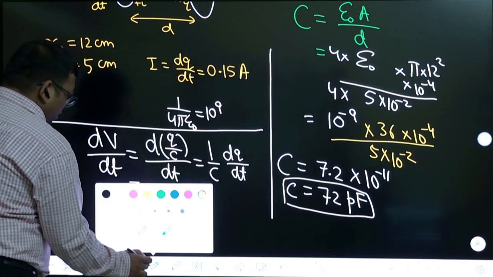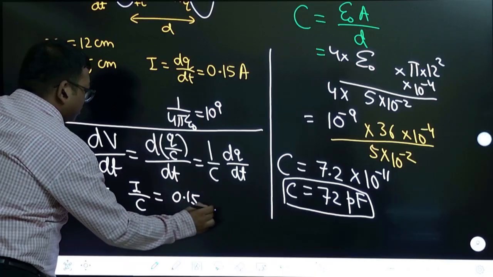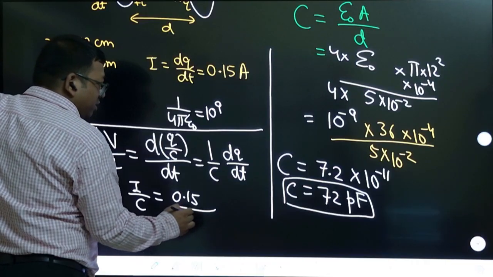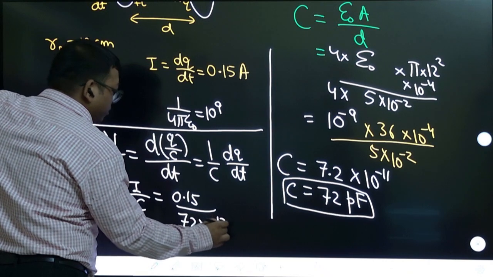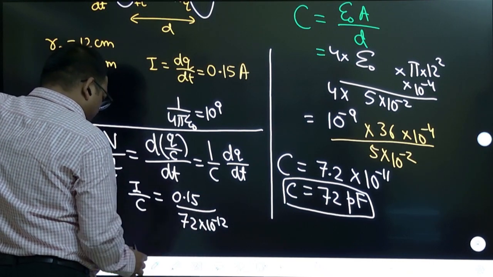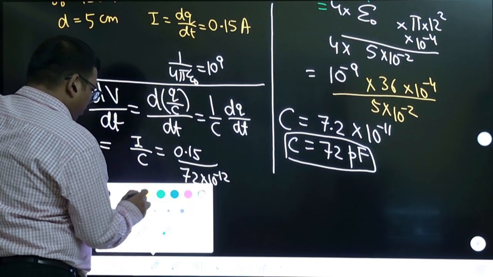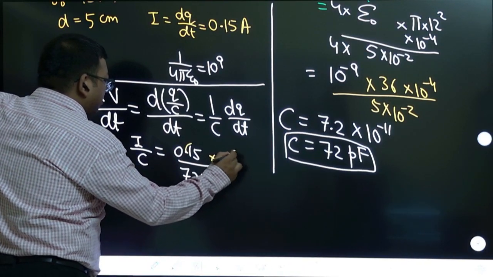I they have already given as 0.15. Capacitance you can write in those terms, 72 pico means 10 to the power minus 12. You can definitely do the calculation. You can remove this decimal and calculate how much that will be. Remove the decimal, 10 to the power minus 2 will come.